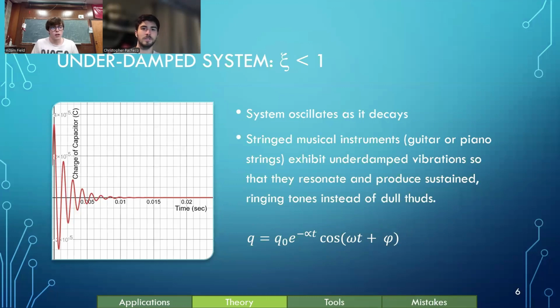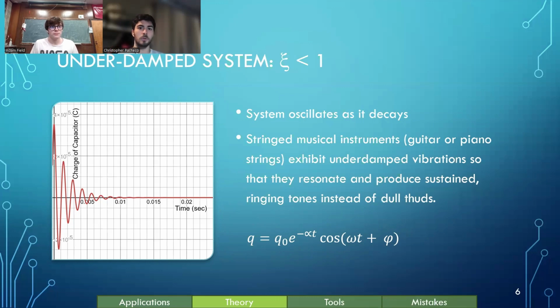For an underdamped system, as Adam said, xi has to be less than one. When it's underdamped, the system will oscillate as it decays. For example, when you pluck a guitar string, it'll make a lot of noise quickly and then slowly decay.